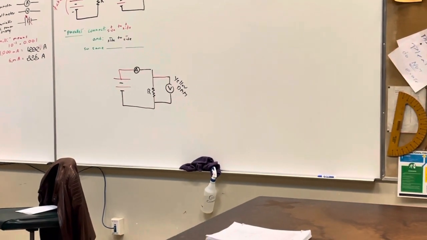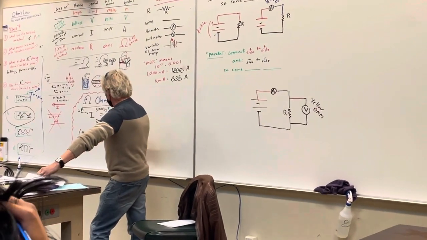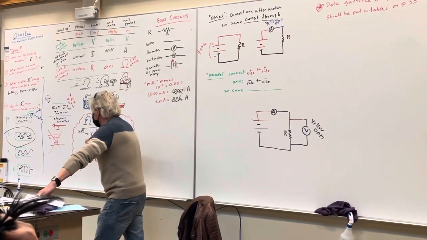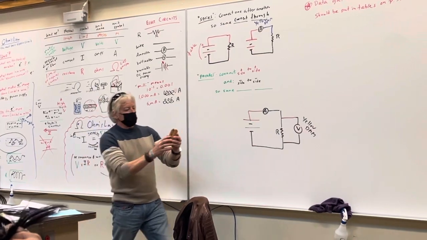And this is plenty to think about. You're really just doing this. Keep going back to volts make current, resistance reduces the current. Here's the resistor.